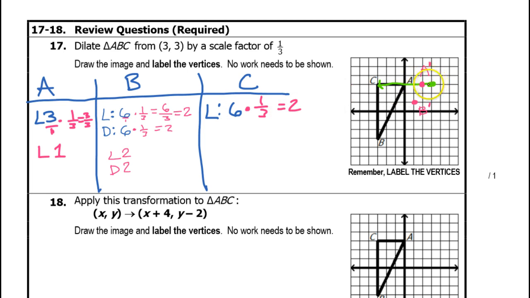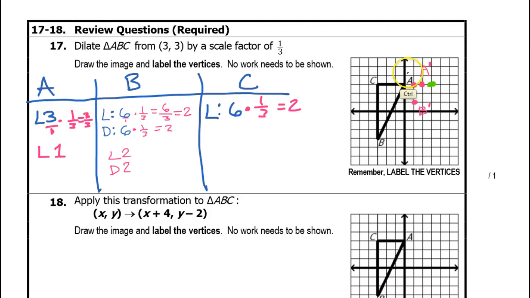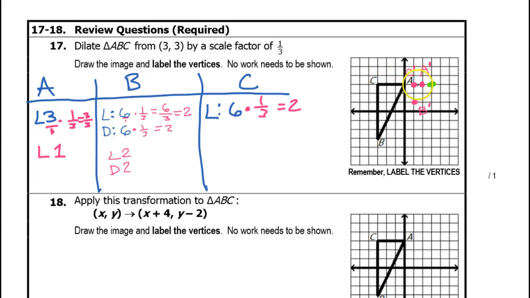So from the center, if I go left 1, 2, that puts me right here, and that is going to be C prime. Alright, so I'm just going to draw this teeny tiny little triangle, if I can. And that is the image under this dilation by a factor of 1/3.